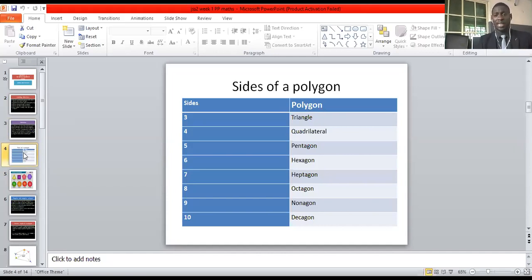A hexagon has 6 sides, a heptagon has 7 sides, an octagon 8, down to the decagon. The sides define the name you give that polygon.